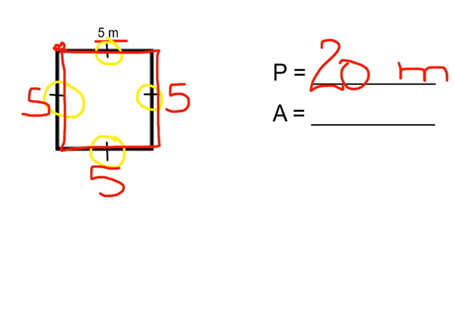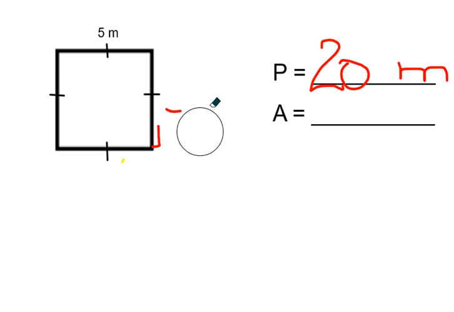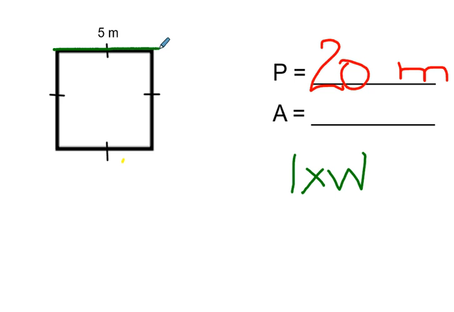Okay. To find the area, again, even though it's a square, we know a square is a rectangle. So we're still going to use our formula of area equals length times width. So the length is 5, we know that. What's the width though? Right, it's 5.